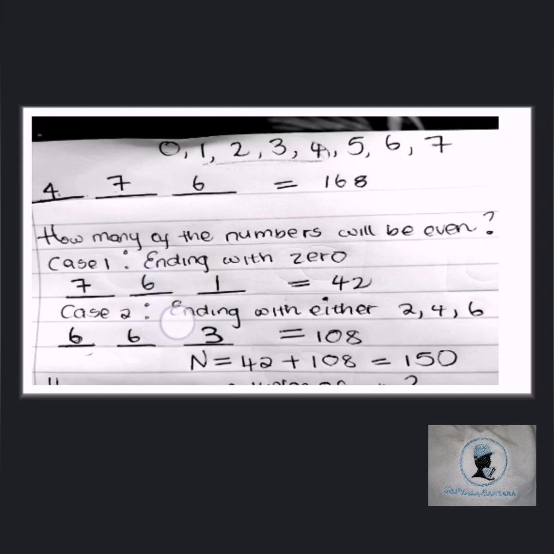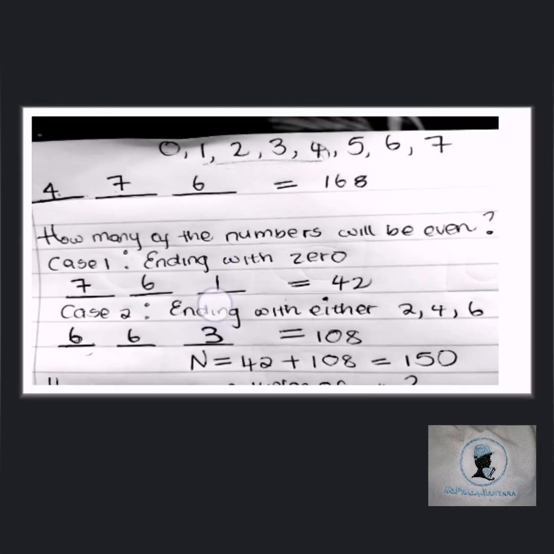And then for the second one, now remember that you've already chosen 0 here, because you know that your number is ending with a 0, and you've chosen one digit that is going to start your number.